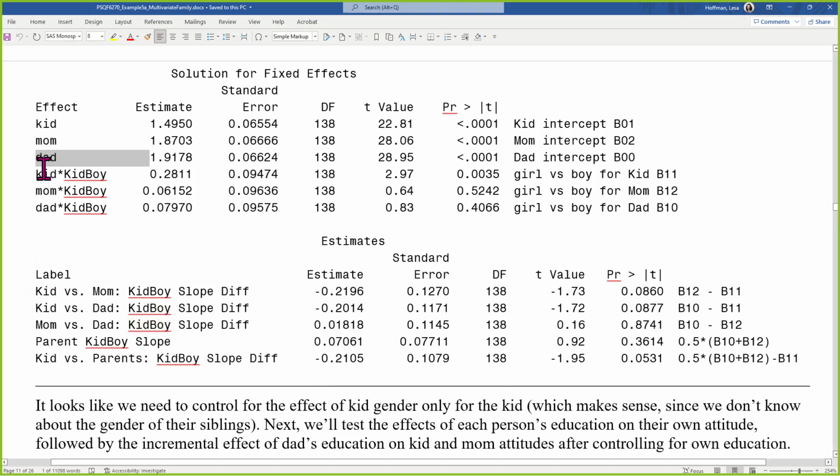Instead, I'm setting it up so that I get the slope for all cases, and any differences in the slopes are down here. Okay, does that help?